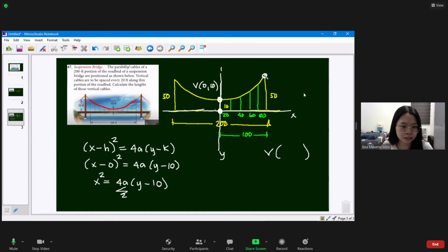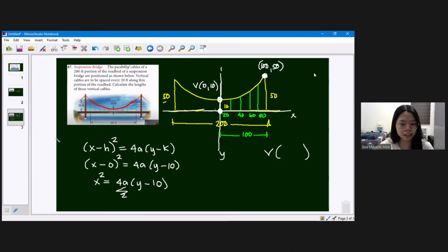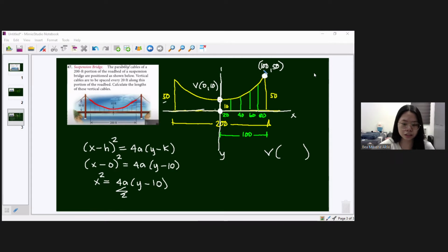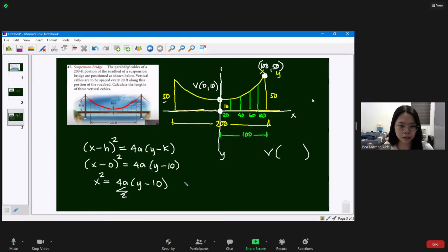Dito sa kanan, ayan, sa pinakataas. Actually, meron na tayong point sa parabola, which is 100, 50, di ba? So since may x and y tayo, pwede pala natin yan nilagay sa equation na nakakahanap lang natin. So, lagyan natin sa baba.